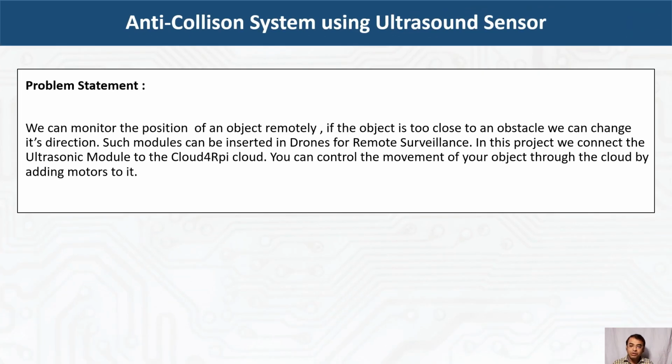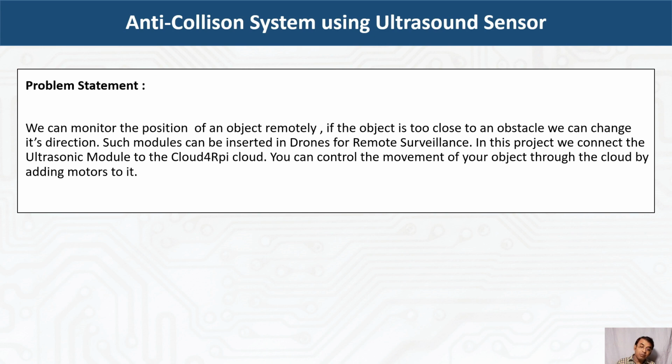Now I will demonstrate another project, that is an anti-collision system using ultrasound sensor. Problem statement. We can monitor the position of an object remotely. If the object is too close to an obstacle, we can change its direction.